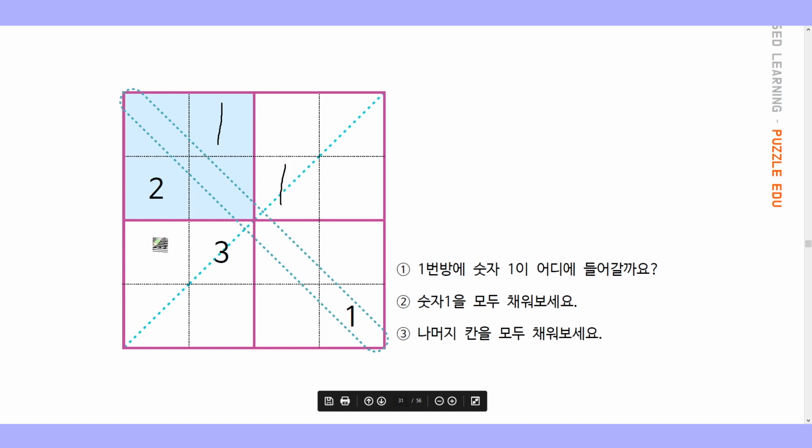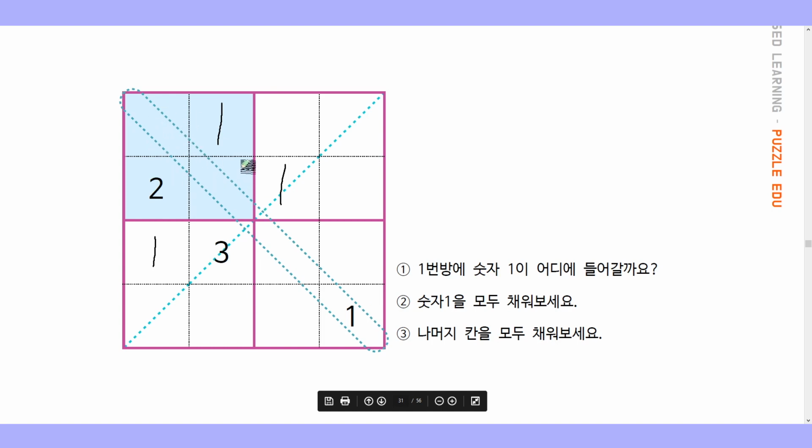For the third row, the number 1 cannot appear in this cell or this cell, because there are number 1s already in that column. Therefore, the number 1 must appear here. And in the fourth row, the number 1 already exists. Great. Now we'll complete the rest of the puzzle.